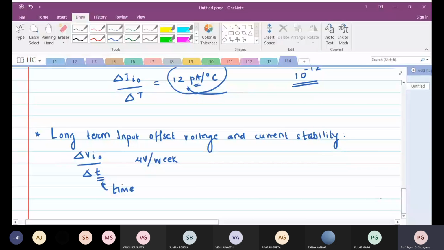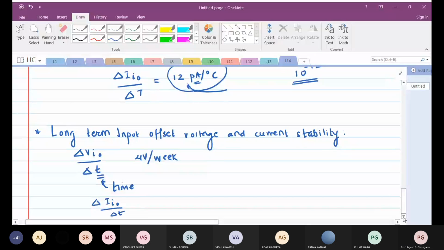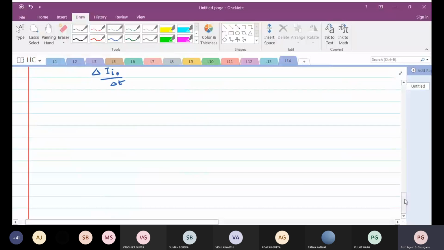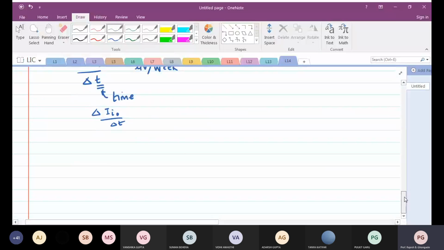Similarly, we have delta IIO by delta T, which is expressed in picoampere per week. Again, these are specified for precision op amps.